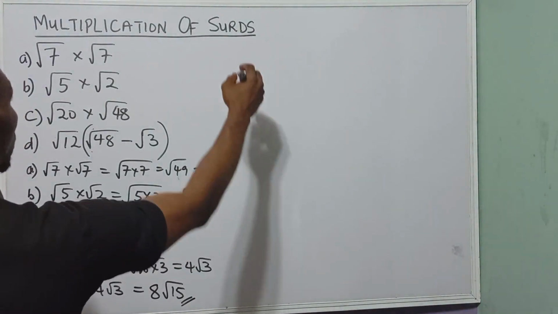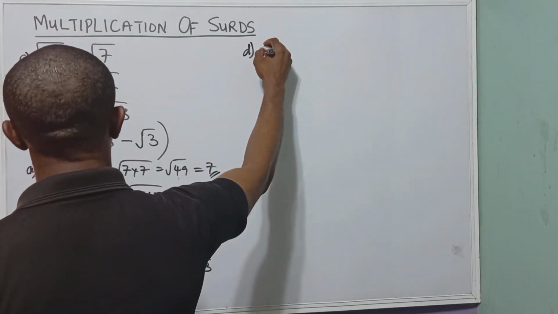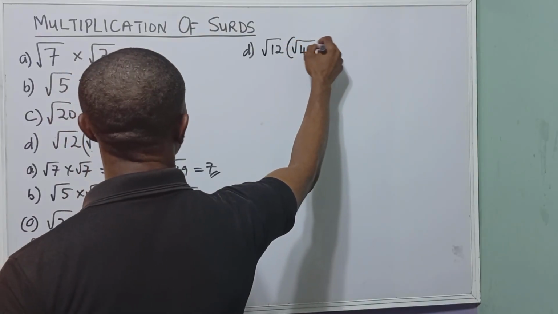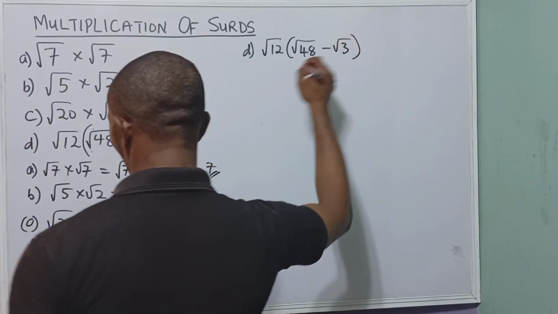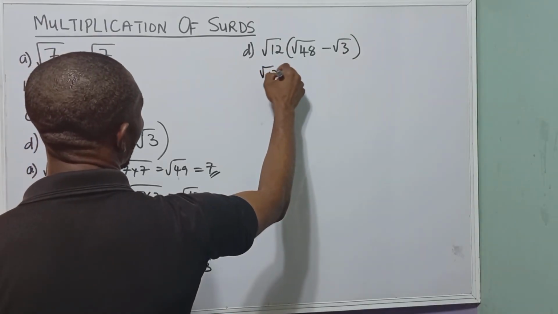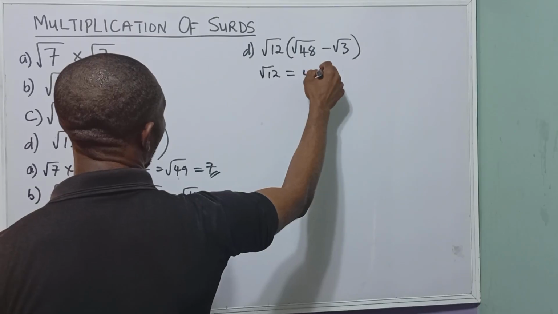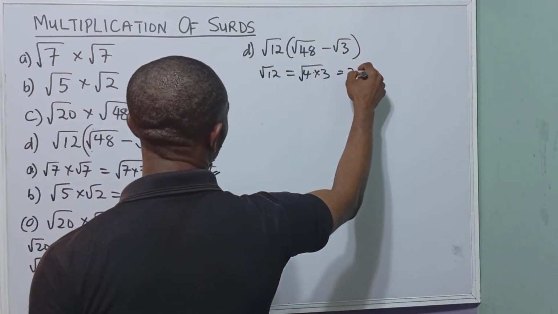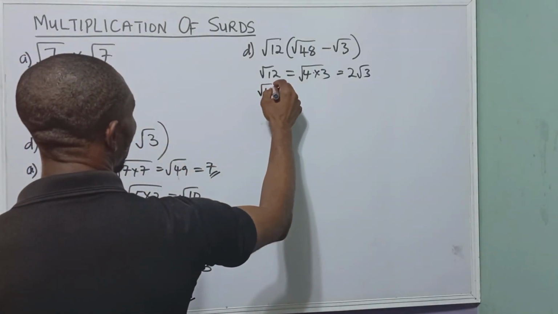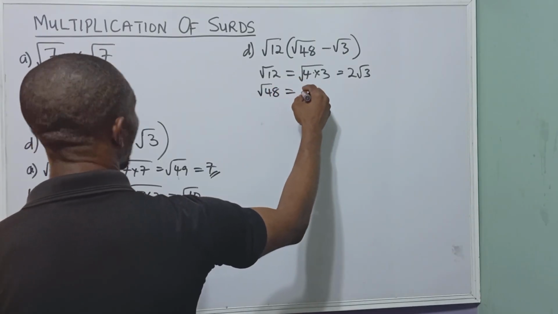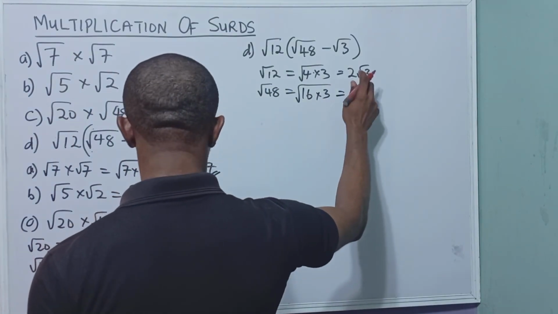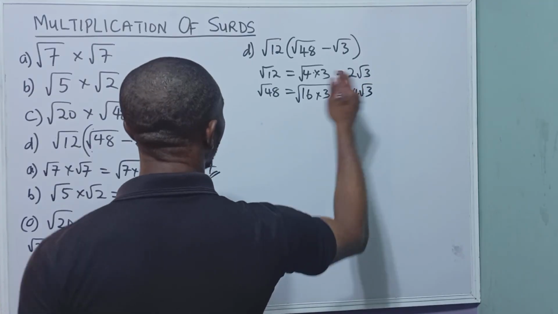Now, to the D part, where we have root 12 bracket root 48 minus root 3. Here we know that root 12 equals root 4 times 3, which will give us 2 root 3, and root 48 equals root 16 times 3, which gives us 4 root 3.